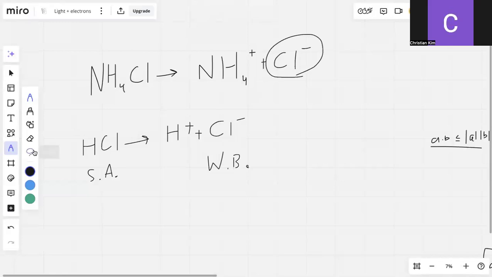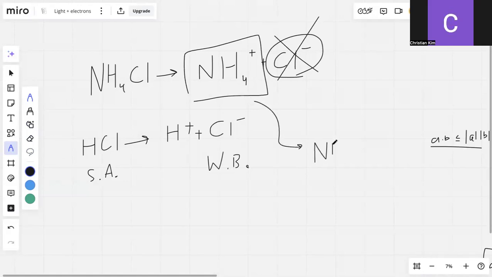So anyways, going back to the acidic salt, the Cl minus is not going to really do anything. However, the NH4 plus will do something, in that this NH4 plus can donate an H plus to the solution. So we get NH3, which is neutral, plus H plus.